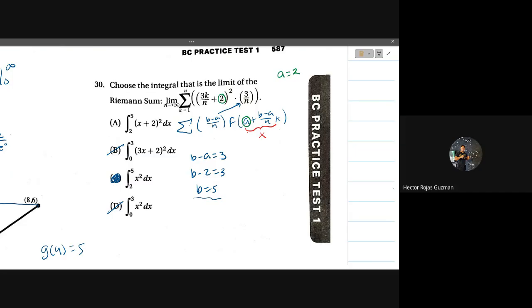Oh, look, because we also have a square right there. I missed pointing that out. So the function is x squared. And that covers the first part of the multiple choice. I'll see you soon for the next one.